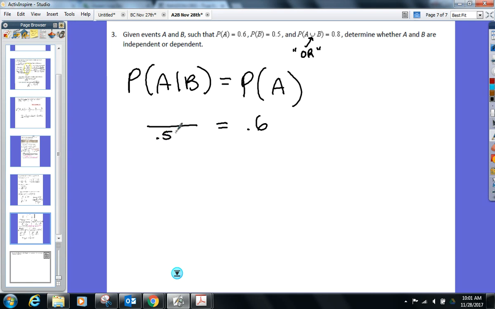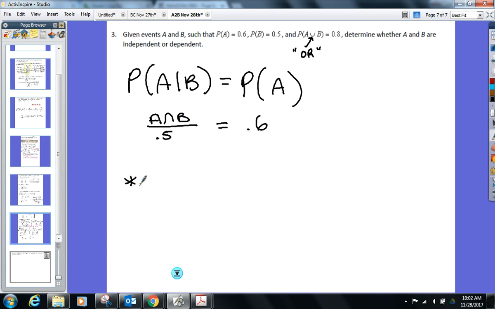But dig deep here. For yesterday, what did we usually put in the numerator? Both. And they gave me the or. I can't use that. I need, on top here, the probability of A and B happening. So I cannot put that 0.8 in there. But there's a way I can find it given this information. I'll give you a little formula if you'd like to remember it.